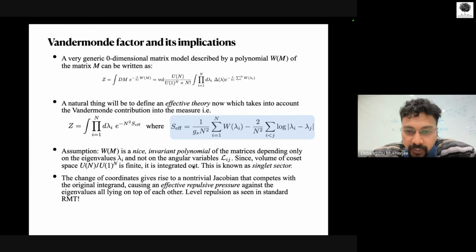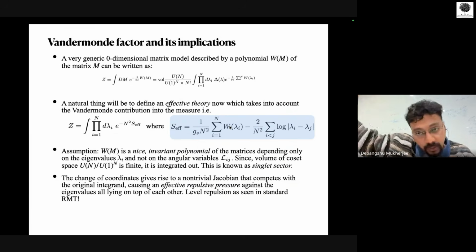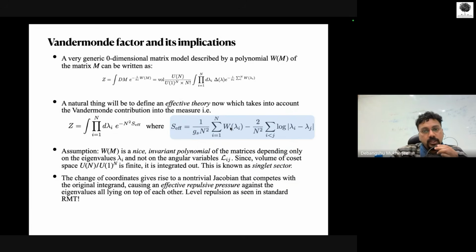The change of coordinates has given rise to this non-trivial Jacobian. And what this effectively does is it tries to compete with the original integrand, which was given to me as a potential. So W was the original given potential, and notice it comes with a negative sign in front. These two terms try to compete, and you can easily see as lambda_j approaches lambda_i, this object blows up.